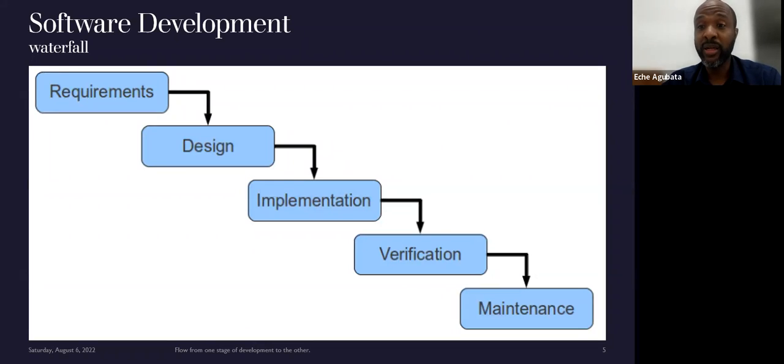And then IT goes back and tries to design what can work for whatever the business has asked for. And if the business agrees with this, then IT implements it, tries to verify with the user that it's fine, and then the user starts using it and deriving value from what has been created by IT.